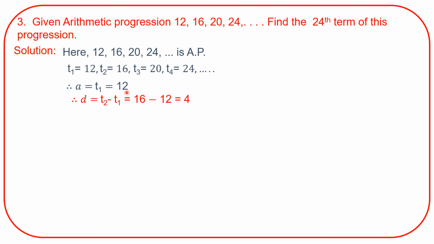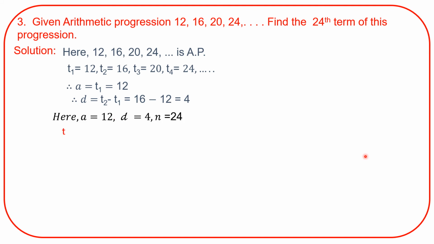Now A is 12, D is 4 and N is 24. Write down here: A is equal to 12, D is equal to 4 and N is equal to 24. Now write down the formula.